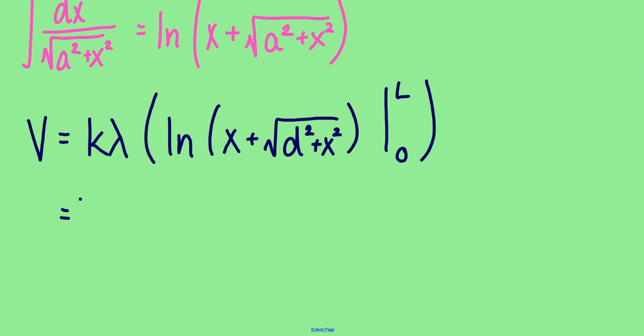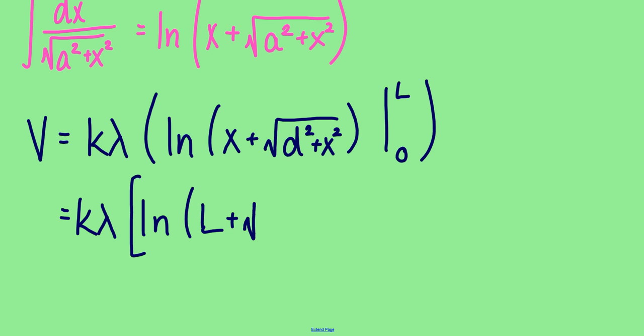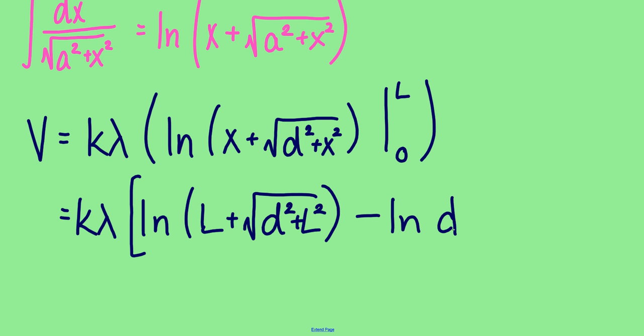So plugging in those limits, when I plug in L, I get L plus the square root of d squared plus L squared. And then when I plug in 0, I get just ln of d.